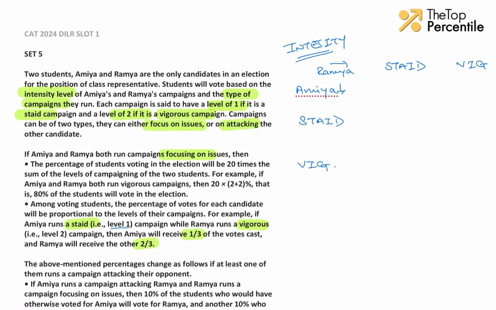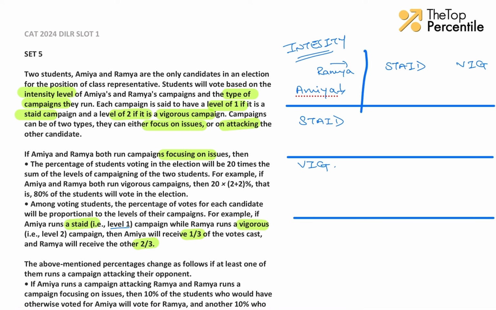Let's make a table. Now, staid is level 1, vigorous is level 2, staid is level 1 and vigorous is level 2.